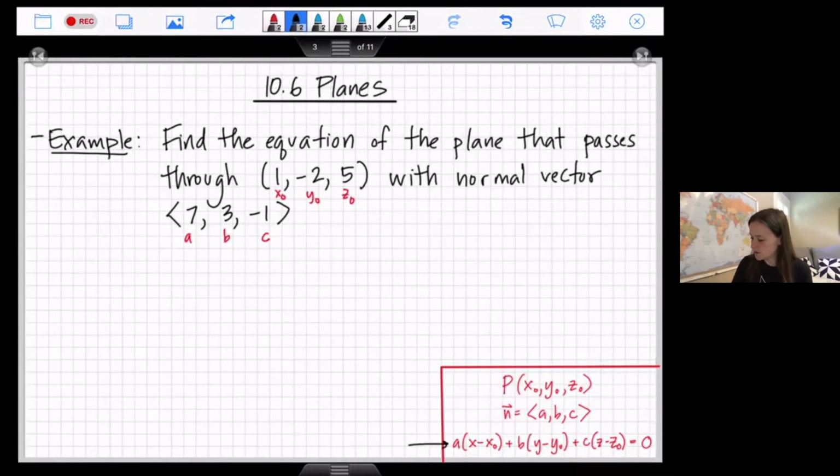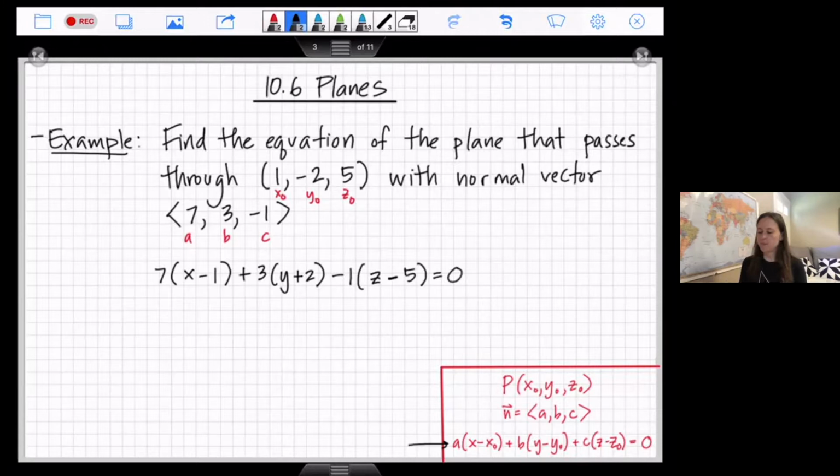All right, so the bottom equation says I need to take a, which was 7, times x minus x naught, which is 1, plus b, which is 3, times y minus y naught, okay, so minus a negative 2, so plus 2, and then plus c, which is a negative 1, let's make that a minus 1, times z minus z naught, which is 5. And all of that will be equal to 0. All right, so that's what we call standard form of a plane.